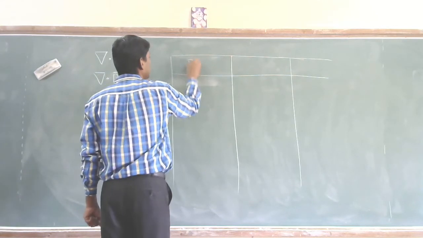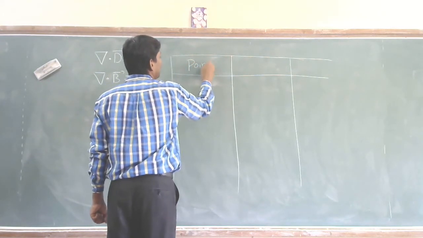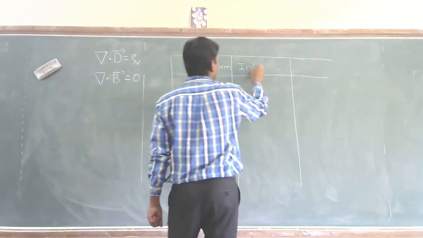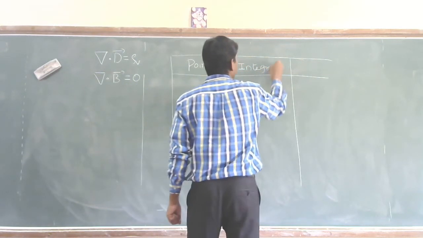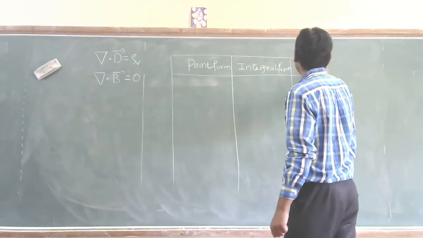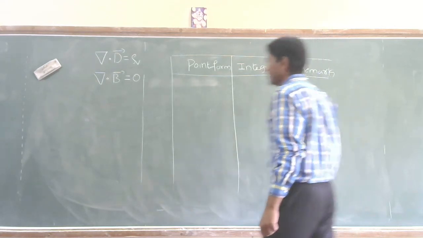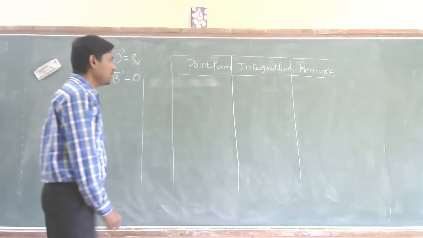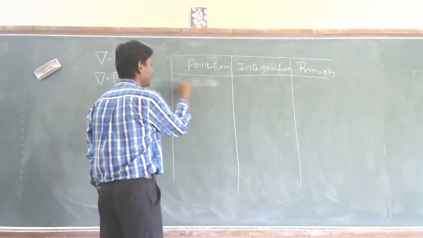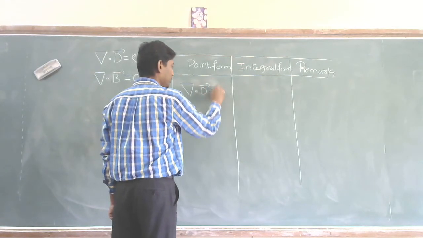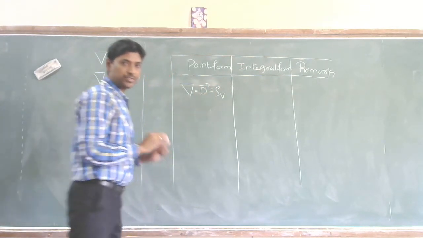So here we have the point form, here we have the integral form, and here we have the remark. The first thing I could recall is that del dot D is equal to rho V, which is not modified.